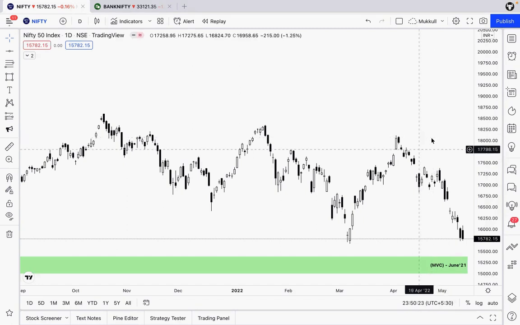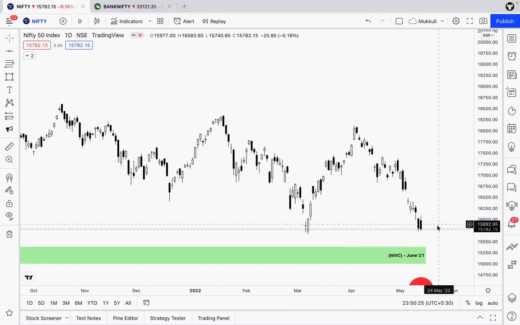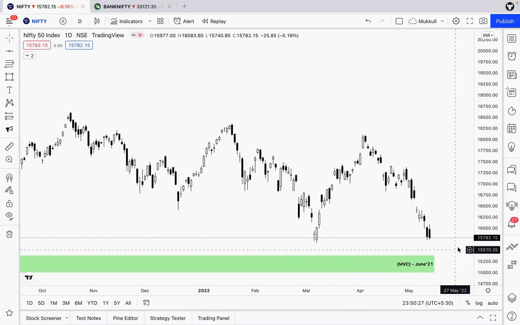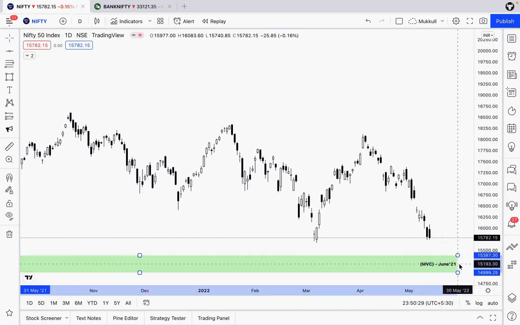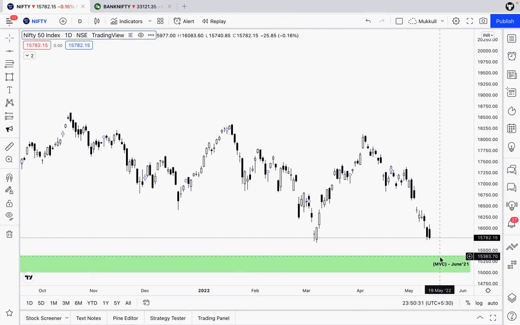So if Nifty comes to this zone, you might see some reaction or stoppage here and then an immediate bounce, or a pullback towards the upside.